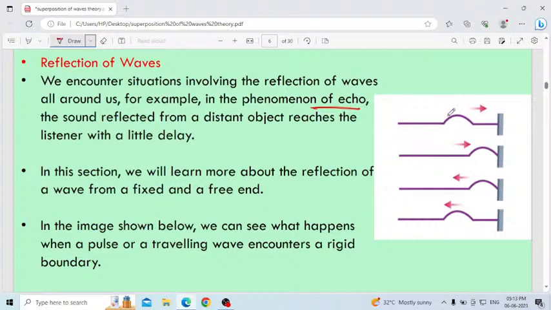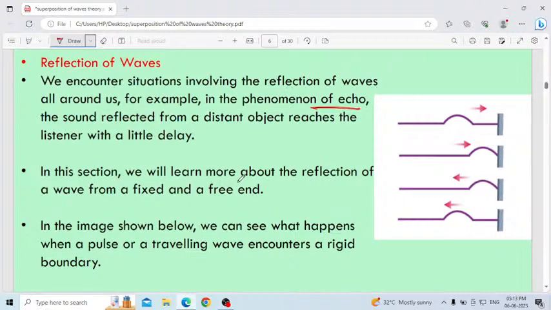Consider this is the pulse of a wave, and this is a rigid object, maybe a wall or something. When sound waves travel and hit the object, the incident wave gets reflected. Therefore that is what we consider an echo. Sound waves produce an echo because of the reflection of the waves.